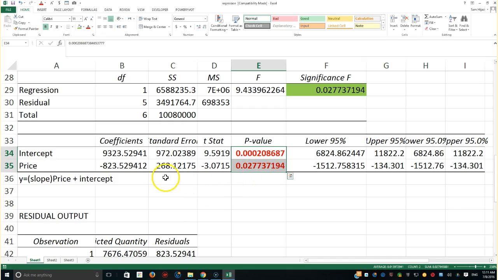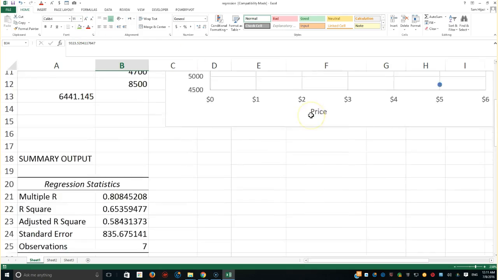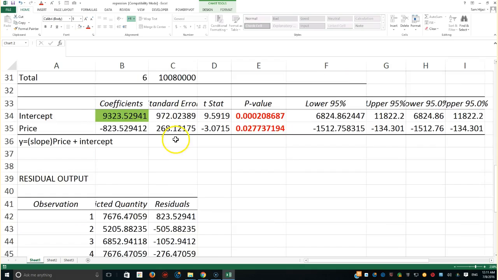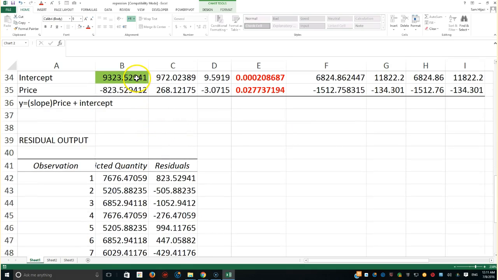Now let's take a look at the coefficients. This is the y-intercept, and I'll prove it to you in a second, because this is what we have right here. See here? This value here is the y-intercept, so we have it also from the regression data analysis. And this is the coefficient for the price, meaning what?